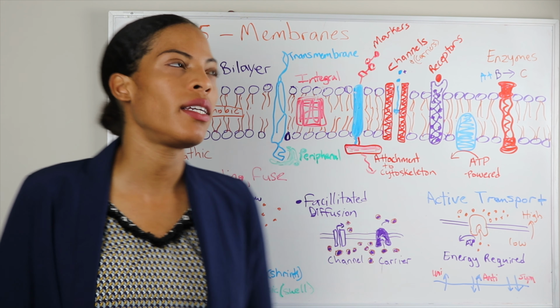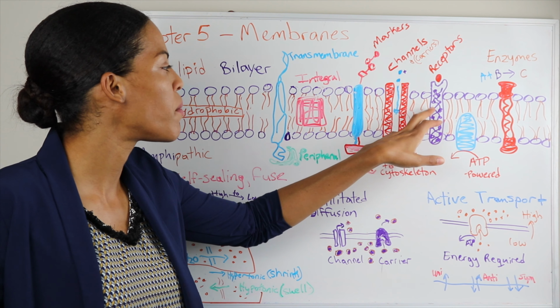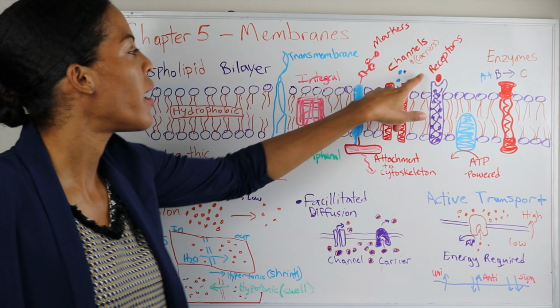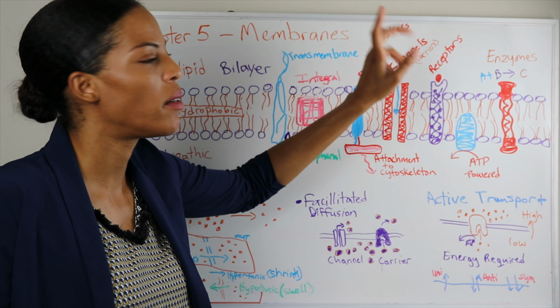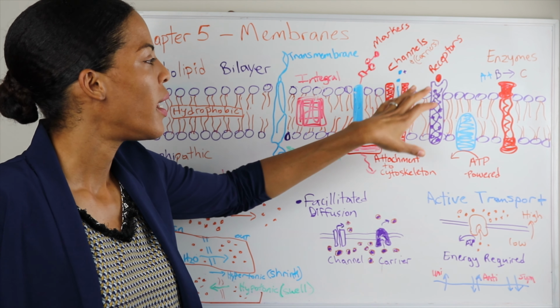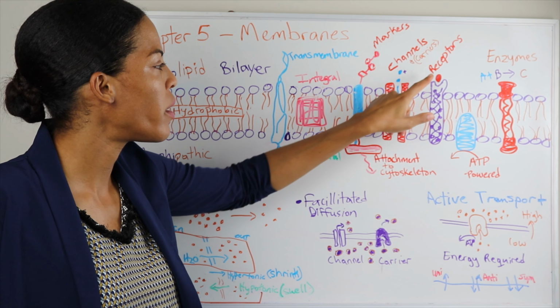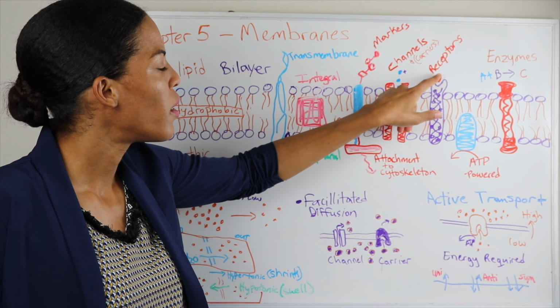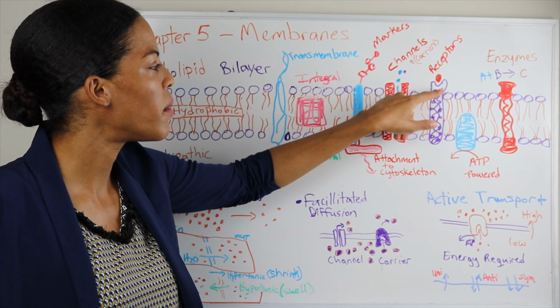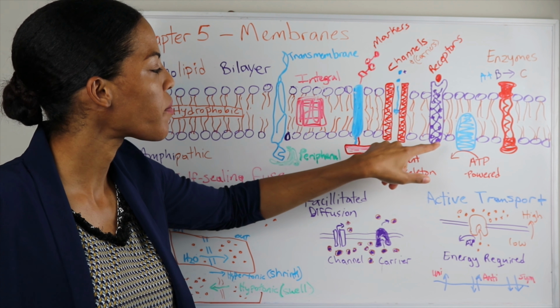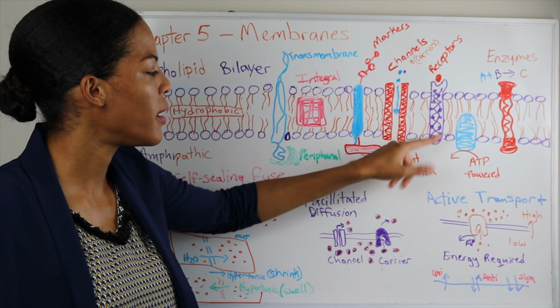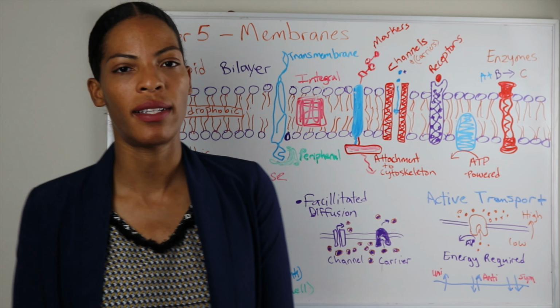So there are proteins on the membrane called receptor proteins, and they are able to receive molecules or different forms of signals that will tell the cell what to do. So whenever a ligand or a signaling molecule comes and binds to the receptor protein, it will allow this protein to tell the cell what to do on the inside.